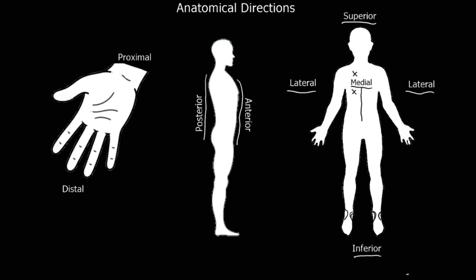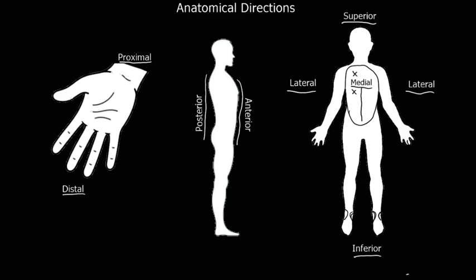We also will use terms like proximal, meaning closer to the trunk or to the origin point that we're discussing. So the trunk would be best described here. And distal, which is opposite of proximal, meaning away from the trunk or away from the point of origin.